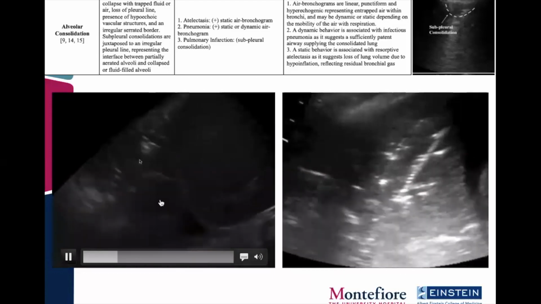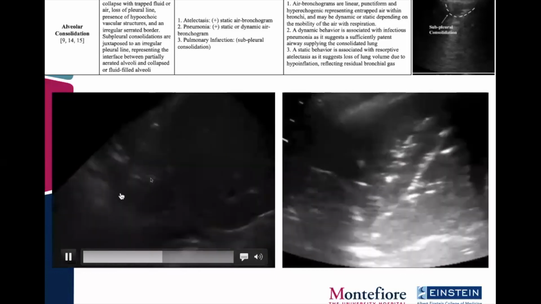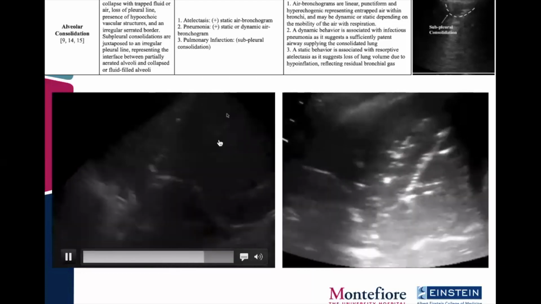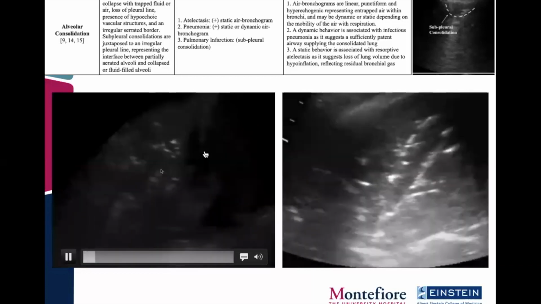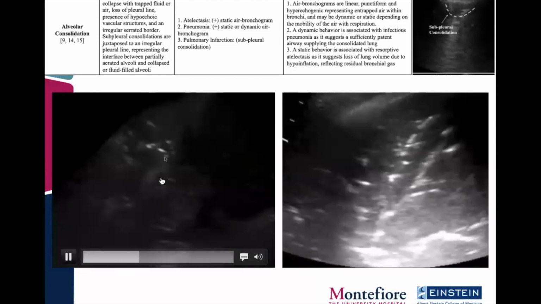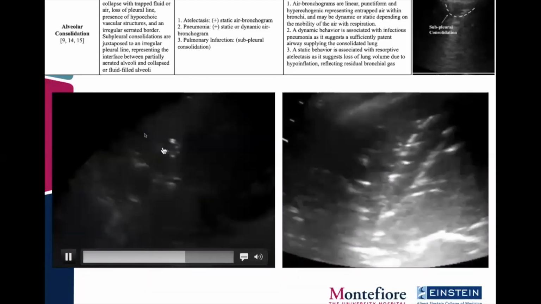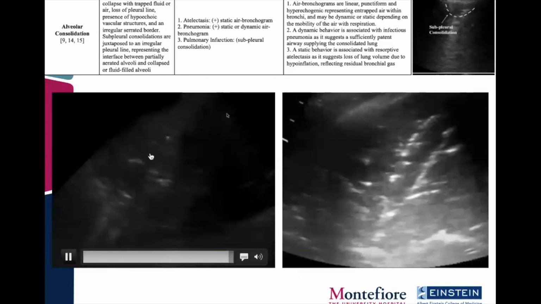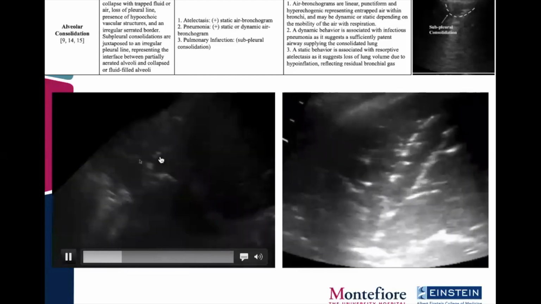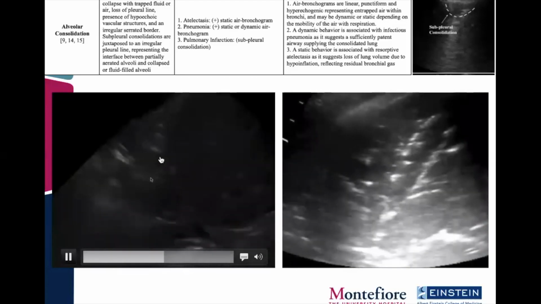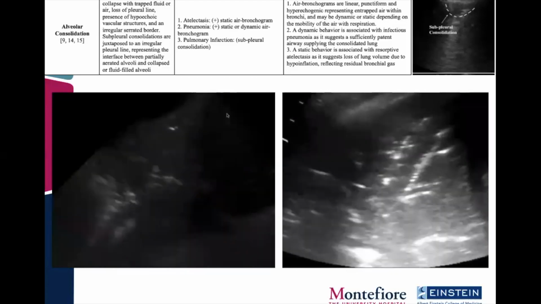Features that are typical of consolidation include a tissue-like pattern that we're seeing here, loss of a pleural line, and air bronchograms. On the left-hand side, we see these white speckles, and these white speckles actually represent trapped air within a consolidation. These white speckles are the air bronchograms.